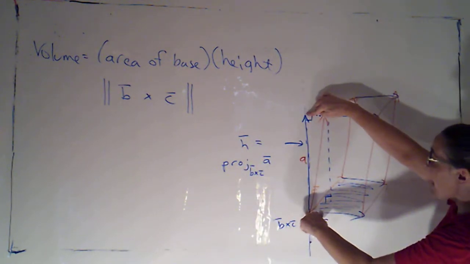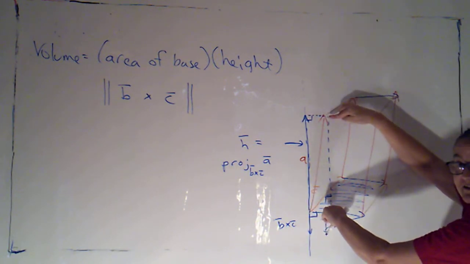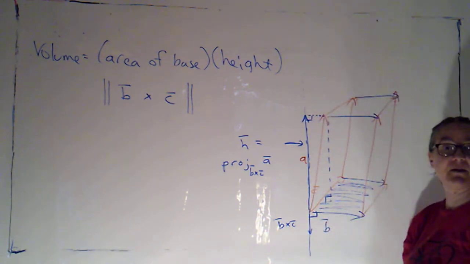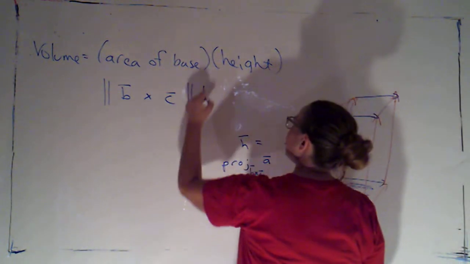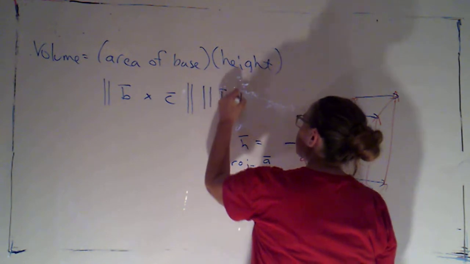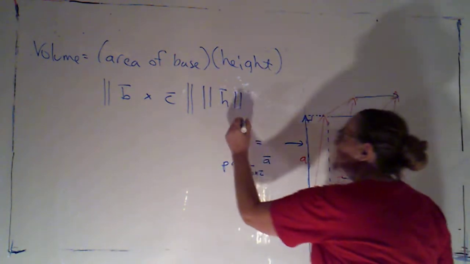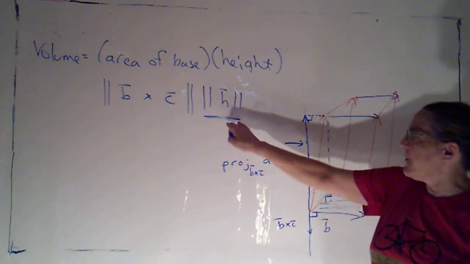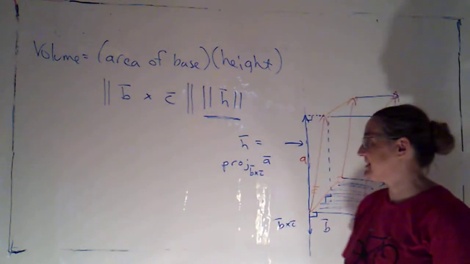And the magnitude of that vector will be the perpendicular distance from the top of the parallelepiped to the base of the parallelepiped. So I can say the height is just the magnitude of this height vector. Now, I'm going to just focus on that for a moment, and then we'll come back and we'll multiply it by the area of the base.